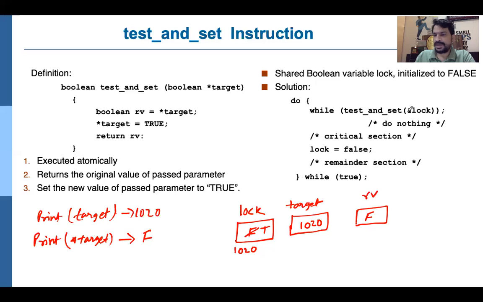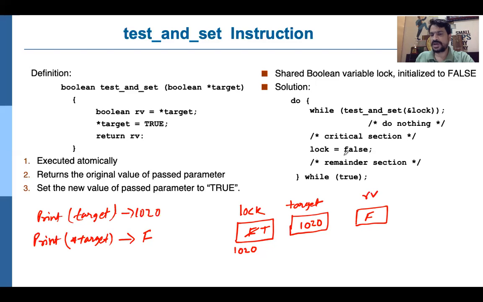So when it is coming here, because this function we have called is returning false, while false means this while loop is not going to execute, and we are going out of the loop. Once we are out of the loop, we are going to execute the critical section. Once we execute the critical section, in the exit section, what is the code?